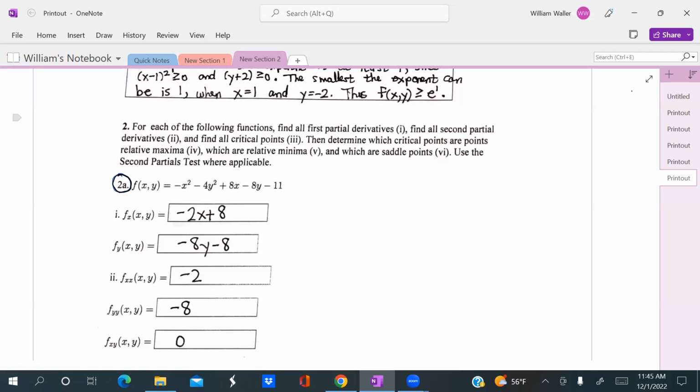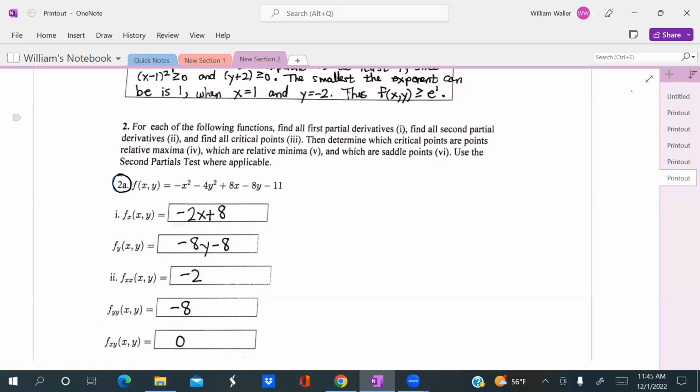We're just looking for any local minima or local maxima, or possibly saddle points, remember, on the surface of the graph of this 2 variable function.